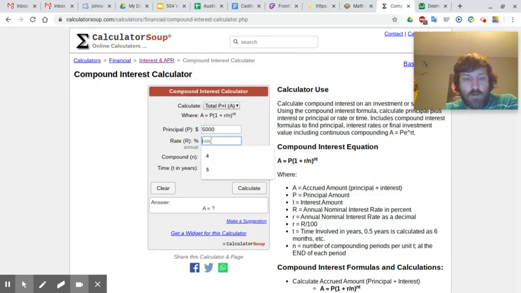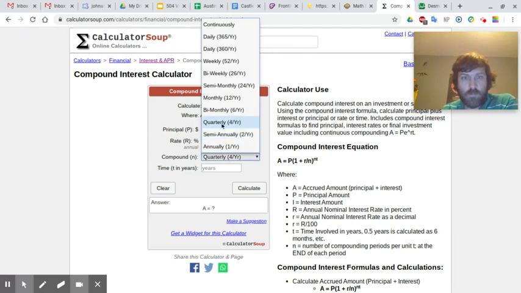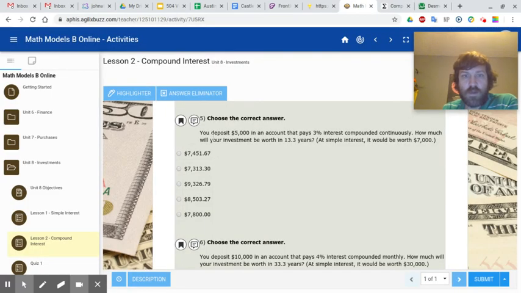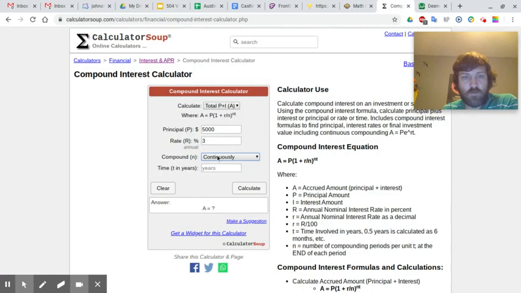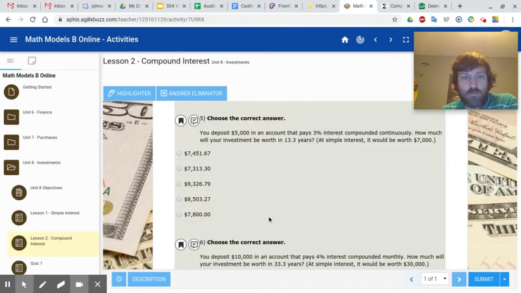It was compounded continuously. There it is. And how much will it be worth in 13.3 years? So let's go down here, 13.3. 7,451. There it is. All right.